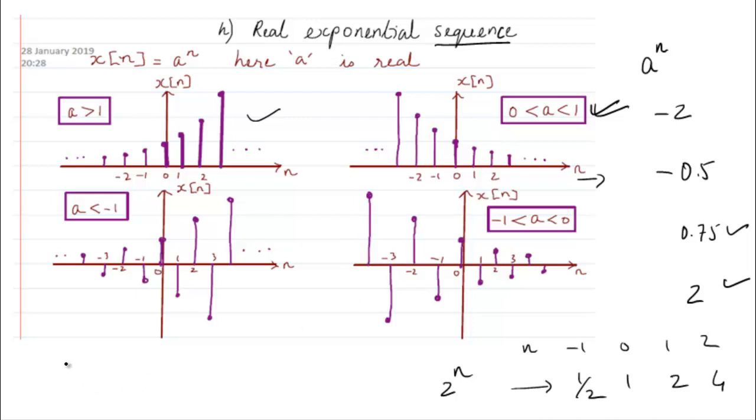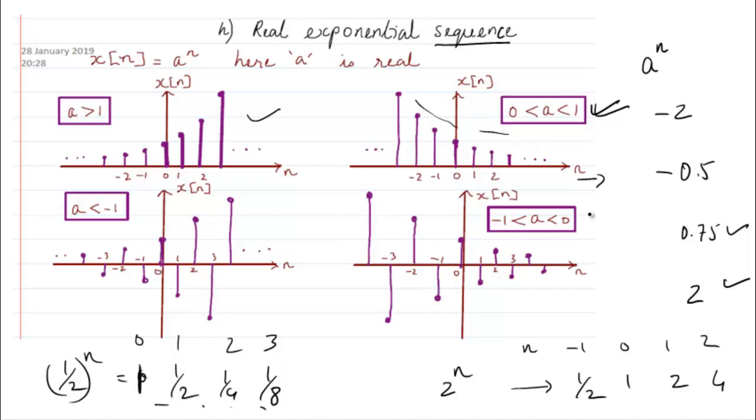For example, if I take something less than 1, let's say 1 by 2, then 1 by 2 raised to power n, for n equal to 0 it will be 1, for n equal to 1 it will be 1 by 2, for 2 it will be 1 by 4, for 3 it will be 1 by 8. Like that the value will keep on reducing, and that is what is happening here.